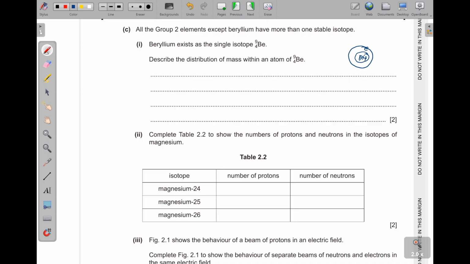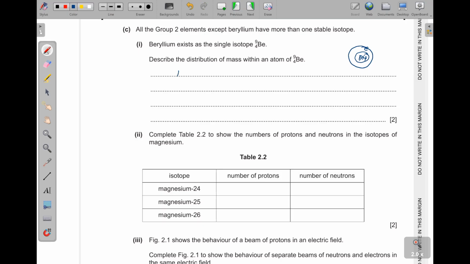Electrons are in shells orbiting the nucleus, and the mass of electrons is negligible.